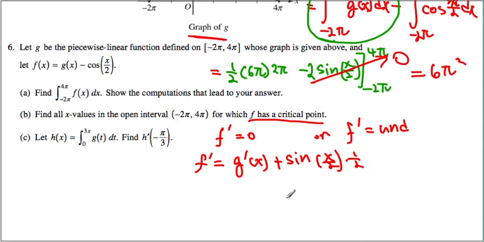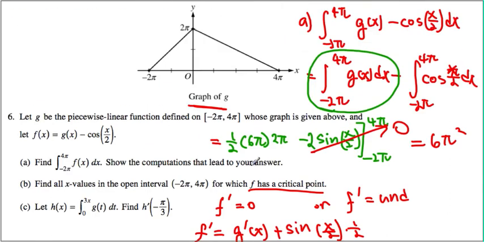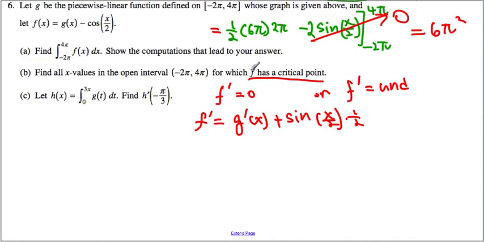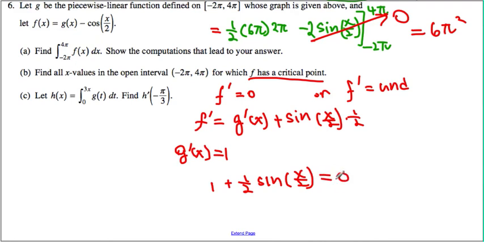Now, in order for this to be equal to 0, we realize that g prime of x can have only 2 values. This slope here is equal to 1. Here the slope becomes 1/2. So when g prime of x is equal to 1, we get 1 plus 1/2 sine of x over 2 has to be equal to 0.